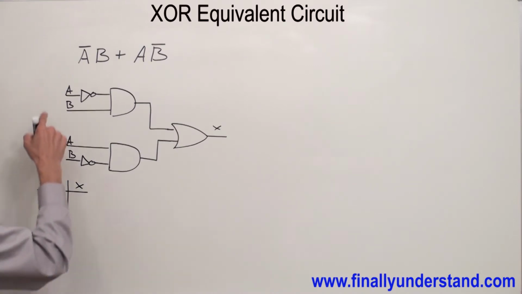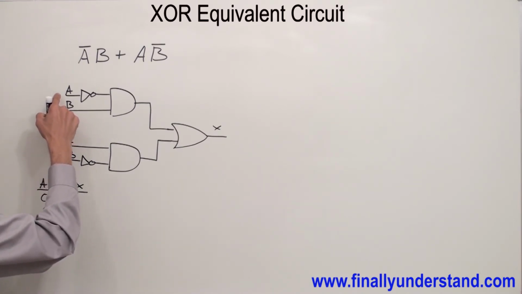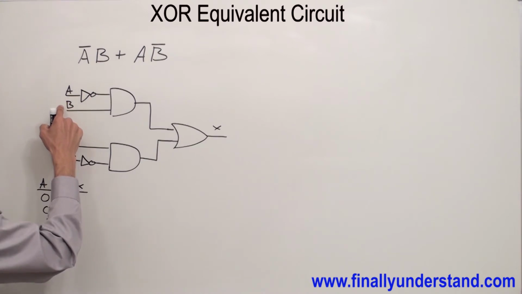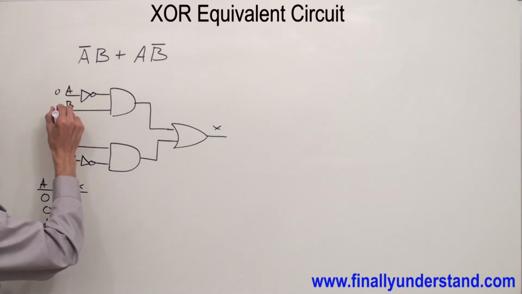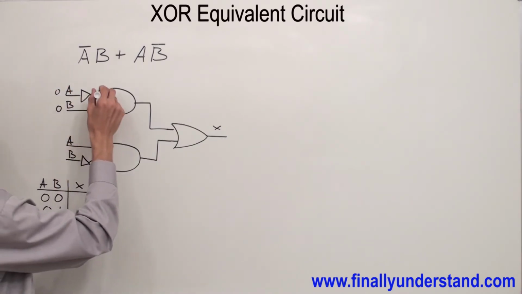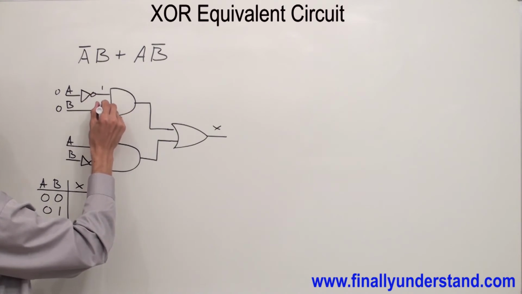Let's see what happens if I apply 0, 0 to these 2 inputs. 0 and 0 will give me 1 over here and 0 over here.